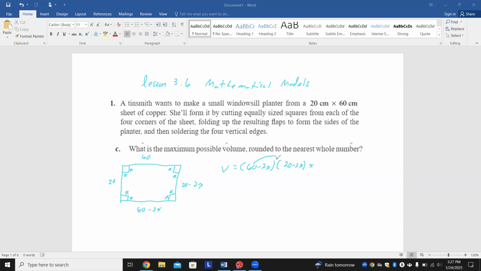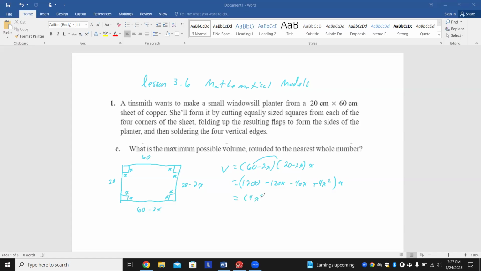So for starters, I'm going to go ahead and follow this out. I get 60 times 20, and that's 1200, and then 120x minus 40x, and then plus 4x squared, all that times x. Then I'm going to put this in the correct format.